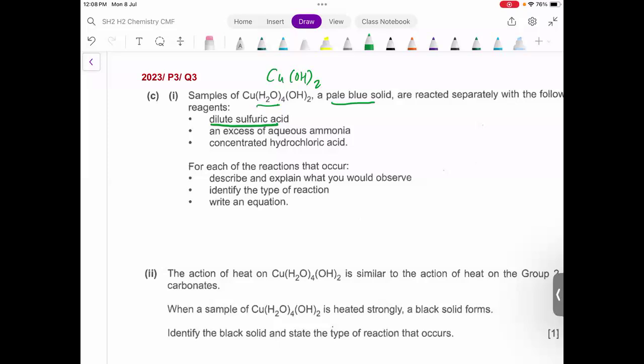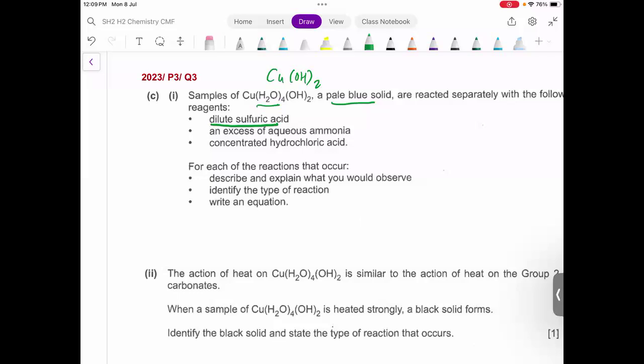What do you think will be the reaction here? And what will be the observation? Anyone? No one wants to say anything.